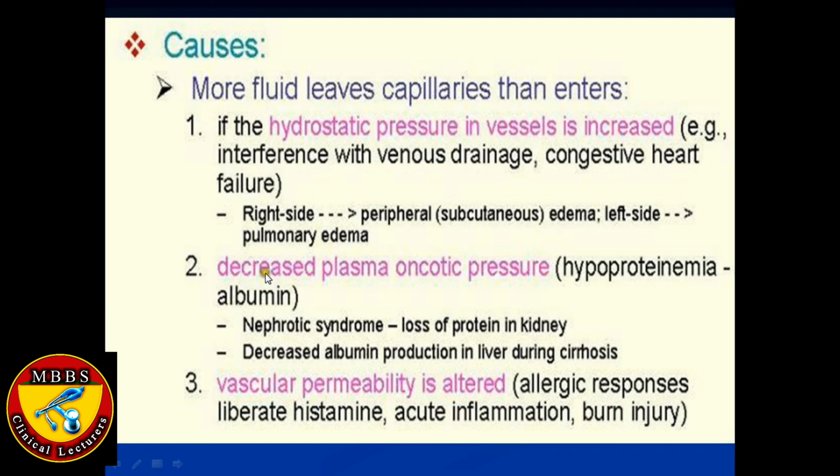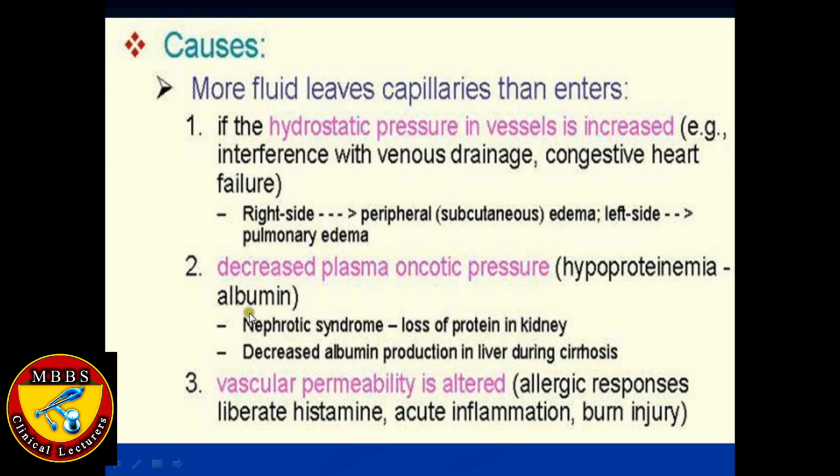The second situation could be decreased plasma oncotic pressure, and this may be decreased in cases of hypoproteinemias, where there is decreased formation of proteins as in cirrhosis of liver, or increased loss of proteins as in nephrotic syndrome.